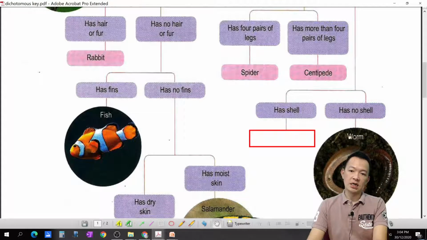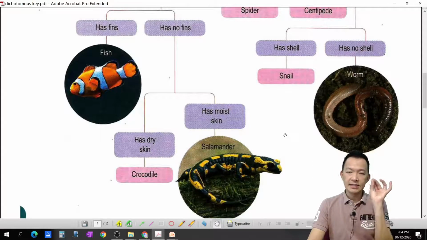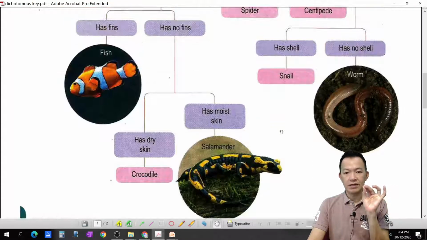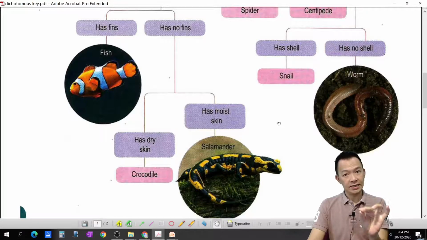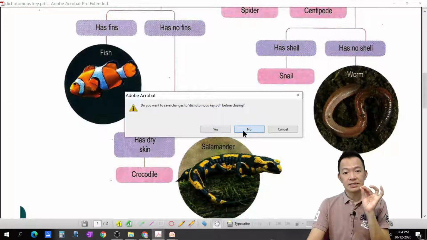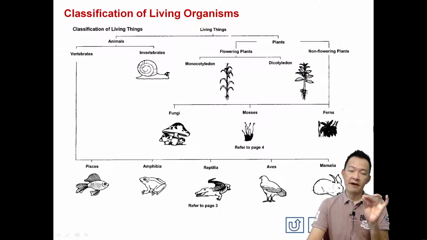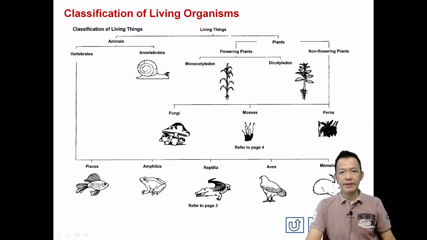Has shell, maybe snail. So this is the method that we call dichotomous key. Do you understand now? This is the classification method.